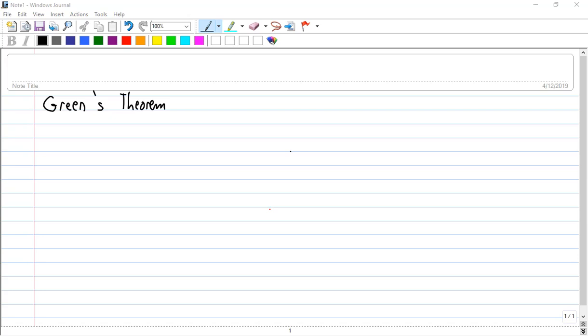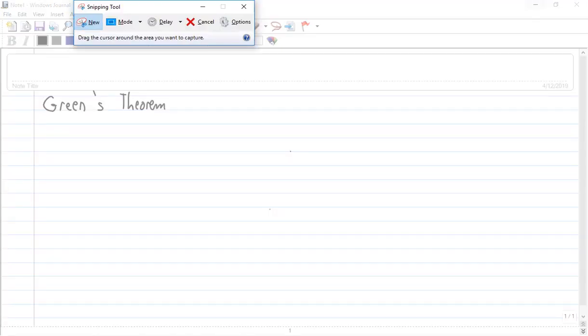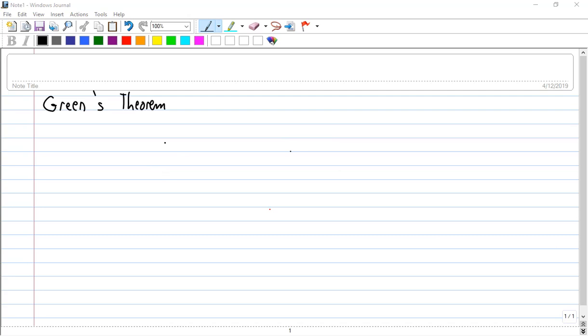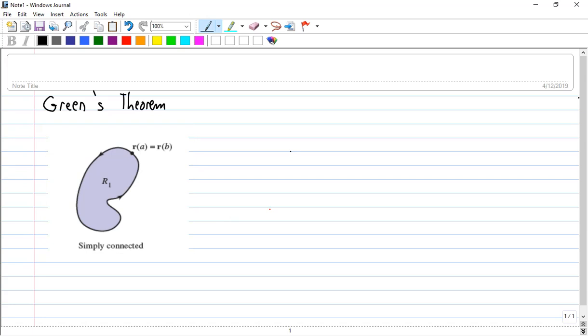Okay, so let me show you what we're talking about. If you have a simply connected region R, I'll write the theorem down. That's simply connected, because it goes around the entire figure and there are no breaks in the line.